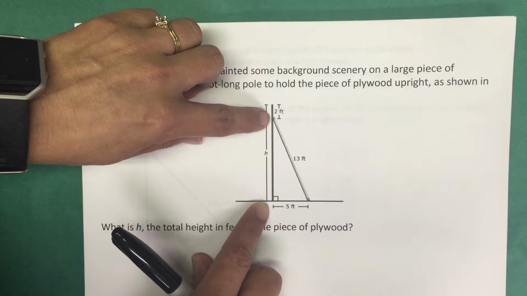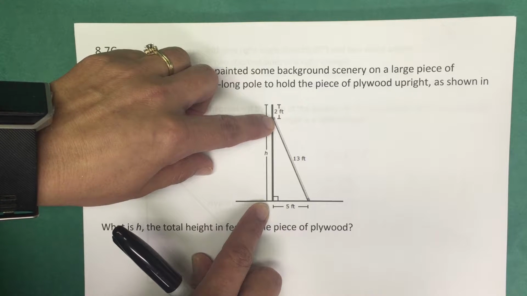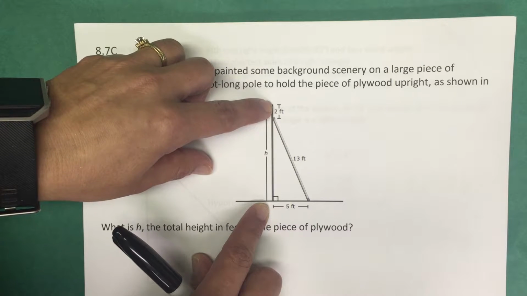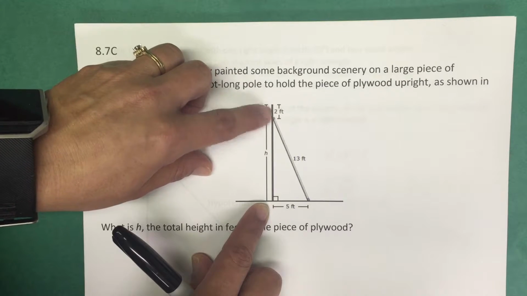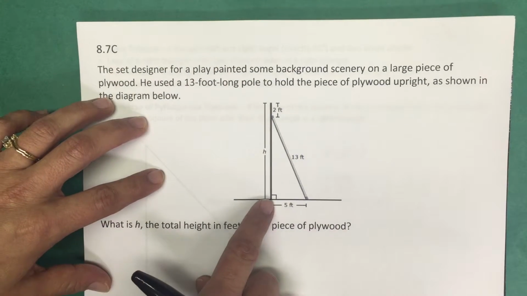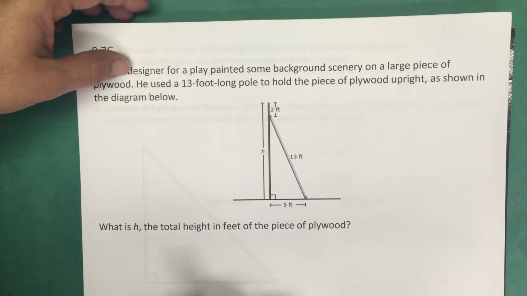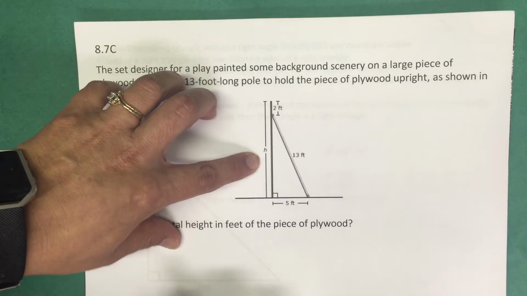And you can see here we have a measurement from the top of the triangle to the top of the piece of plywood of 2 feet. Okay, so we know that this is a right triangle because of the right triangle marking here. So since we know it's a right triangle, we can use the Pythagorean theorem to find the missing side.